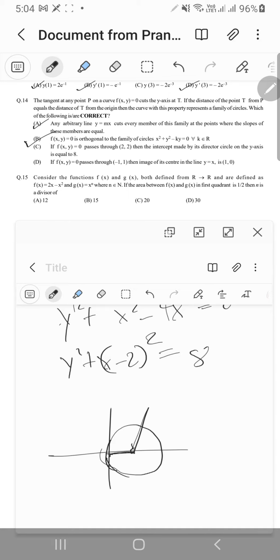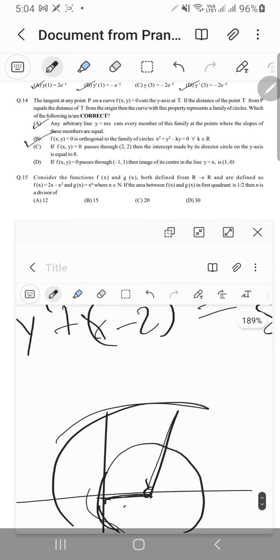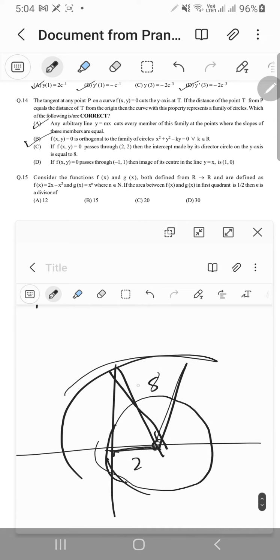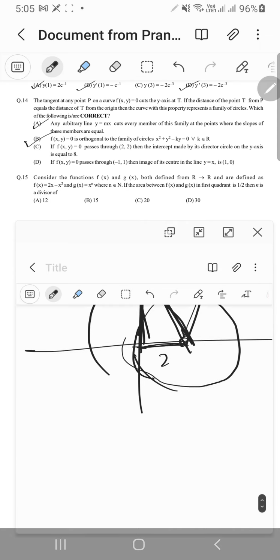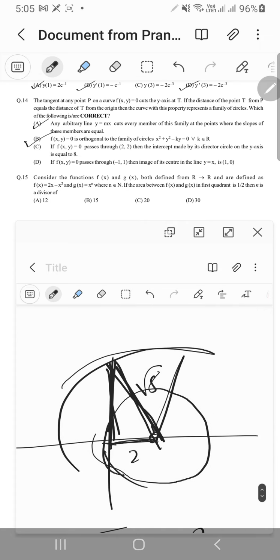The intercept made by the director circle like this. Okay, we know this distance is just 2, this complete distance would be 8, and then we are interested in finding out what this thing is. No, it's not 8, it's a square root of 8, so this is square root of 8. So then what would this be? It's going to be square root of 8 minus 4, which is 2, surprisingly.